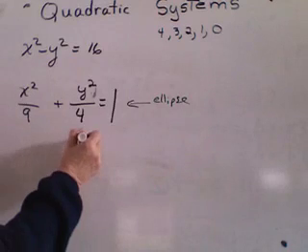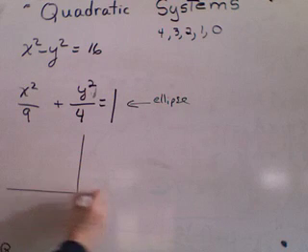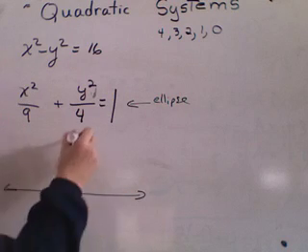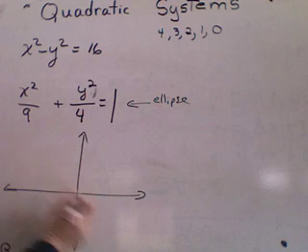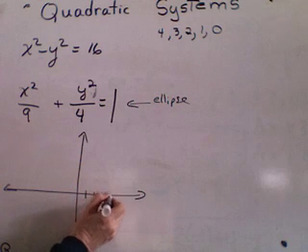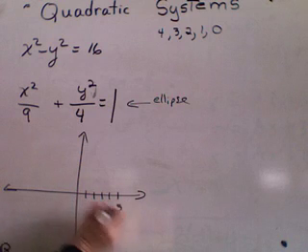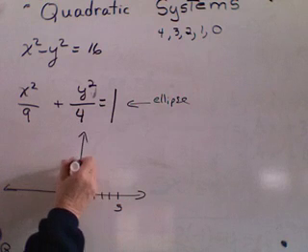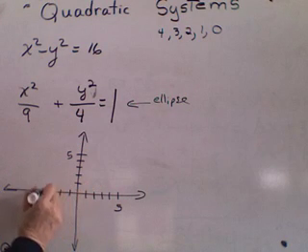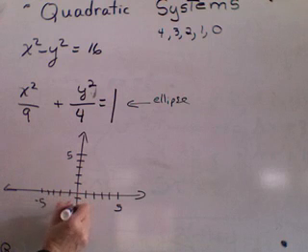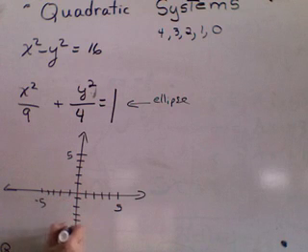Let's sketch that ellipse first. Remember how to sketch it? It's centered at 0, 0. On the x-axis, how many points do I go over? Do you know? Think about it. It's an easy answer.